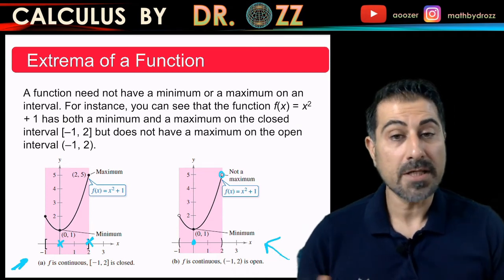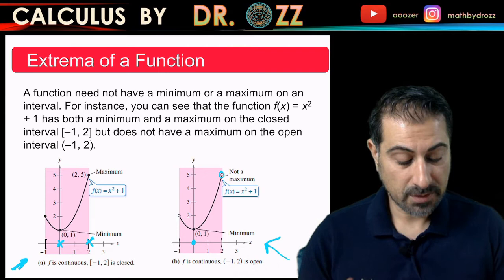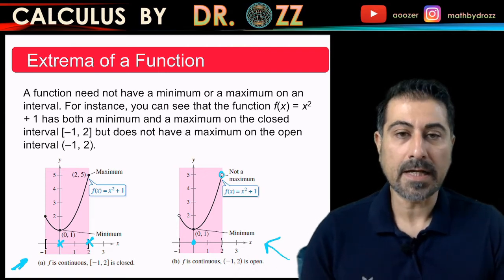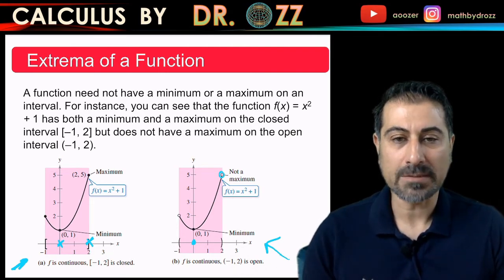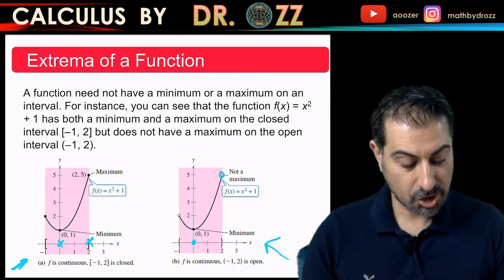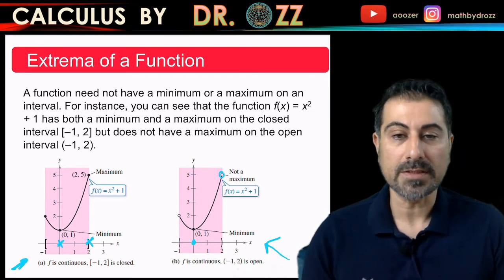So 5 cannot be a maximum value, and therefore this function does not have a maximum, even though it achieves a minimum value at x equals 0.